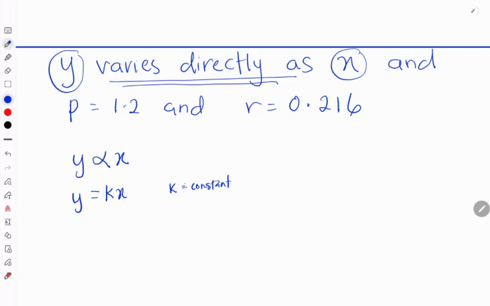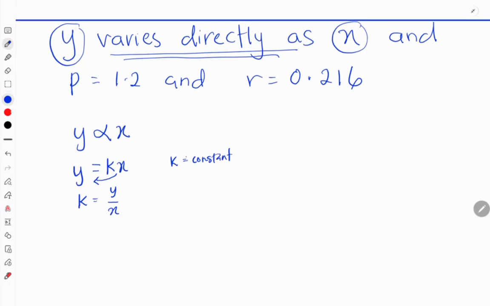A constant can be any value, but it is the same value for any cases of y and x. Then you must be able to find k. k equals, you move x here, it becomes y over x.